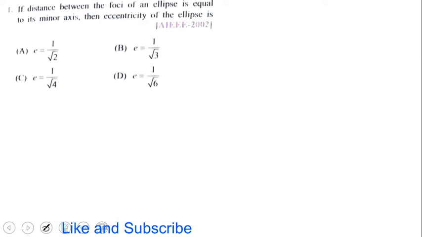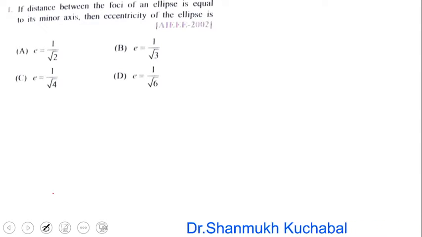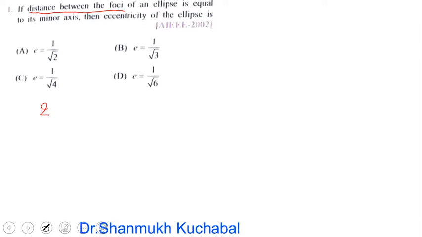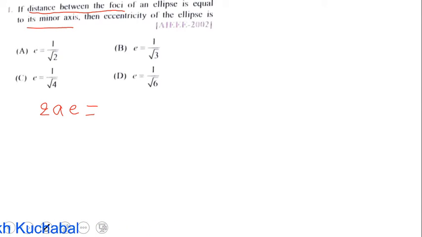If the distance between the foci of an ellipse is equal to its minor axis, then we have to calculate the eccentricity of the ellipse. The distance between the foci is given by the formula 2AE, and the minor axis is given by the formula 2B.